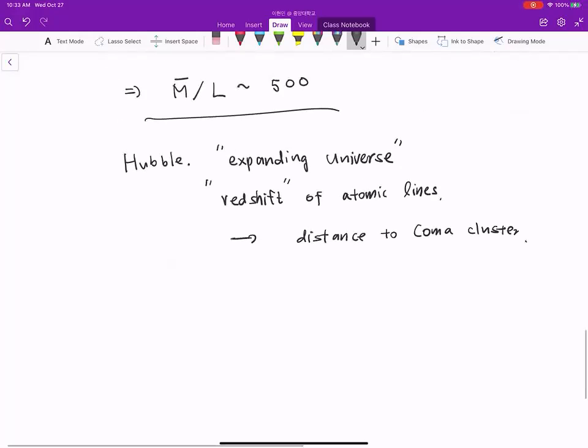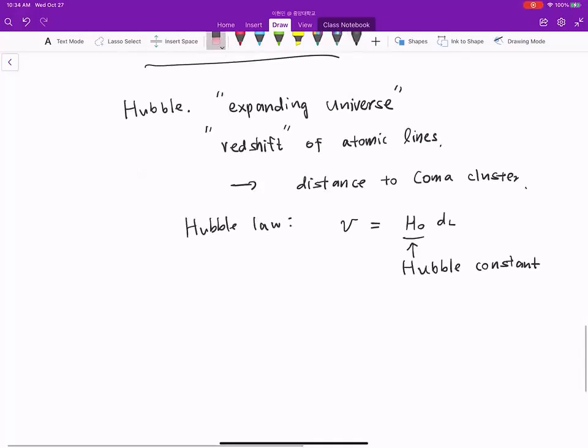So you know the Hubble law, right? The Hubble law tells you the recession velocity, that in this case the Coma cluster is getting away from us with a certain velocity, v, equal to the Hubble constant times the luminosity distance. So this H0 is the Hubble constant, and this v is the recession velocity.